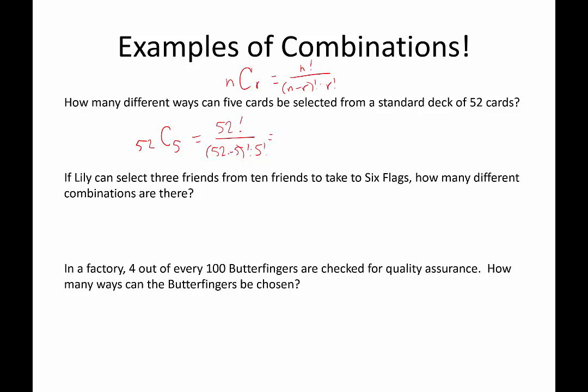So then 52 minus 5 is 47. So that's 47 factorial. So we would have 52 times 51 times 50 times 49 times 48 times 47 factorial divided by, I'm going to leave 47 factorial as is, but I'll expand 5 factorial: 5 times 4 times 3 times 2 times 1.